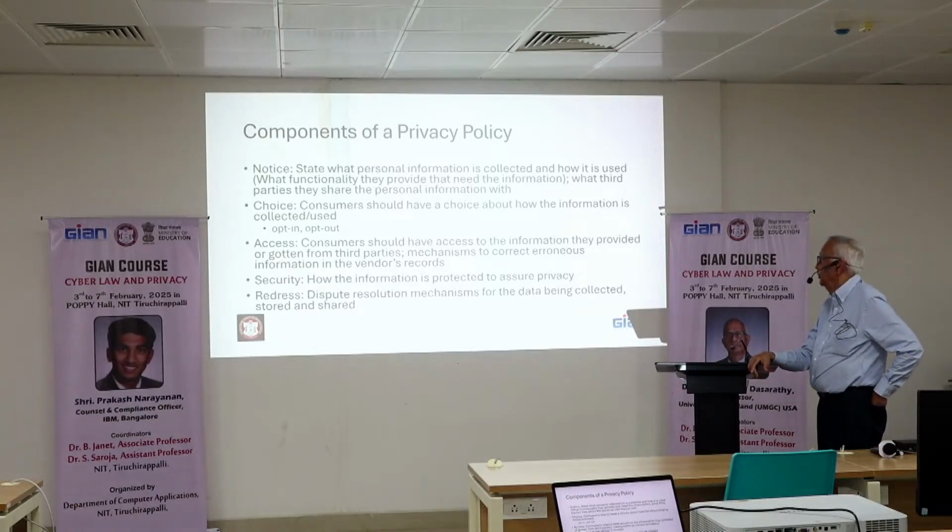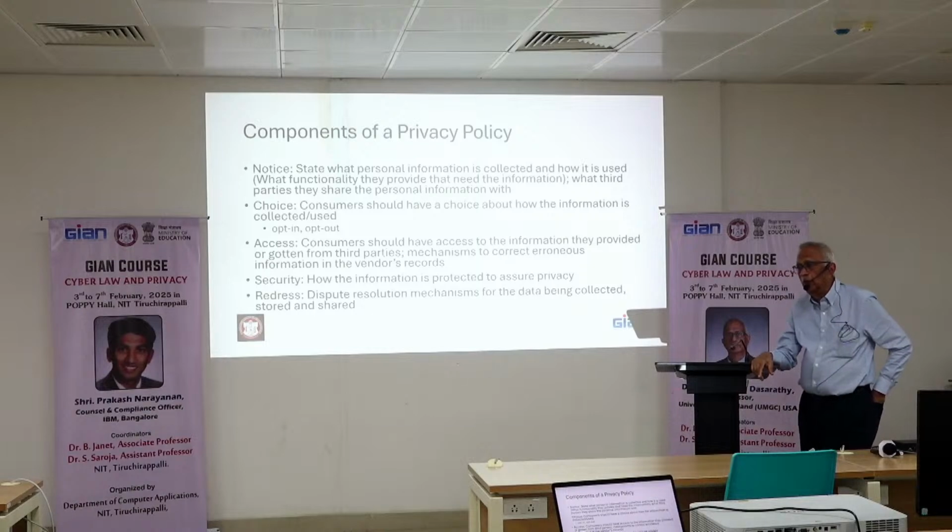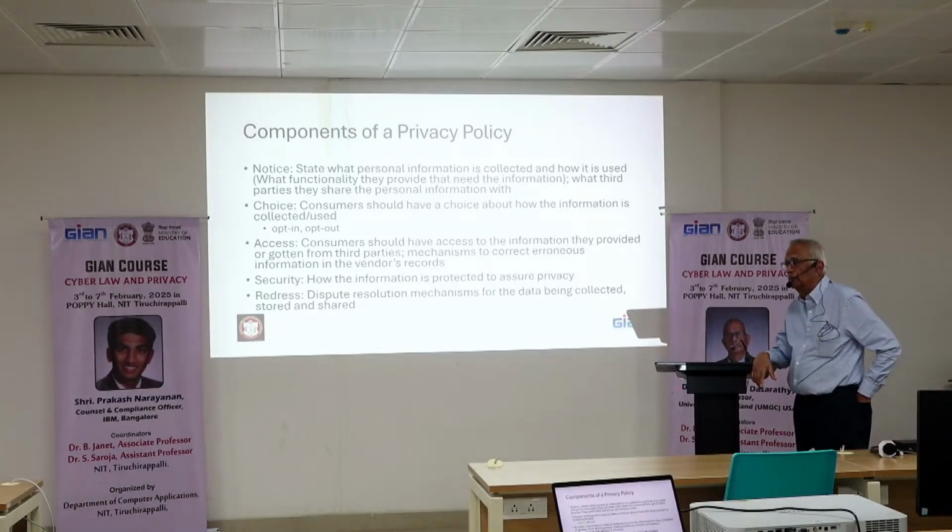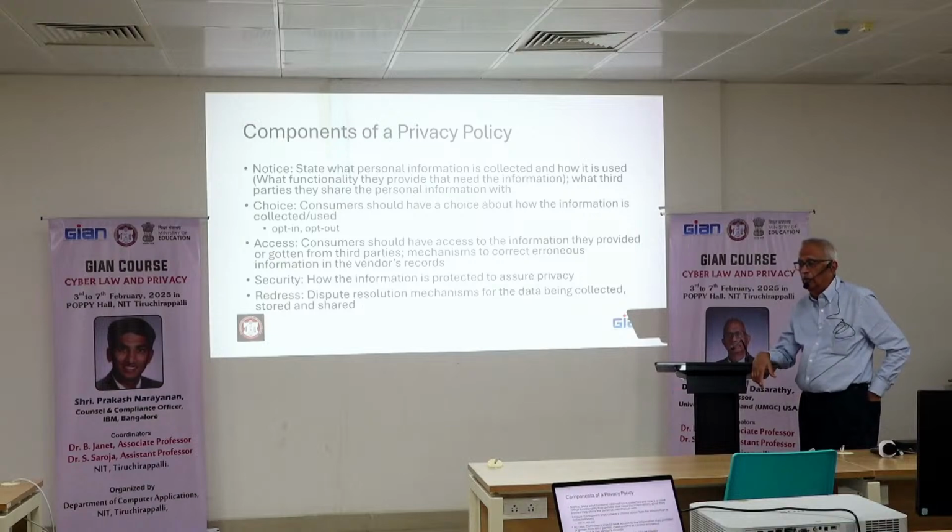Okay? So you should have access to the information you provided, and they should also provide you a mechanism by which you can correct something if you find it is not correct. For example, your Aadhaar number is wrong, because it requires just one digit being wrong, or your address says avenue instead of street.